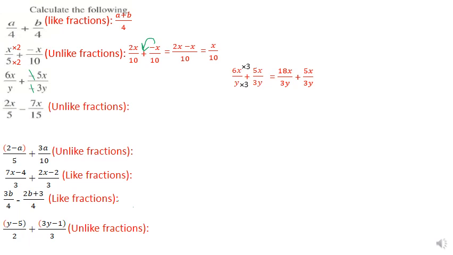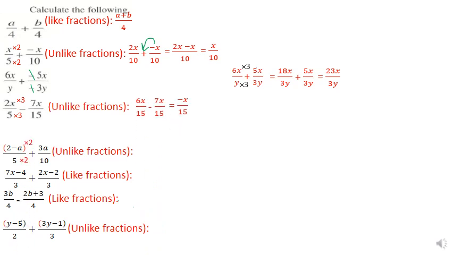Now I have the same denominator and I have like numerators, so I add them. I get 23x over 3y. So these are very easy. I advise you to solve them alone and check your answers in the PDF lecture.